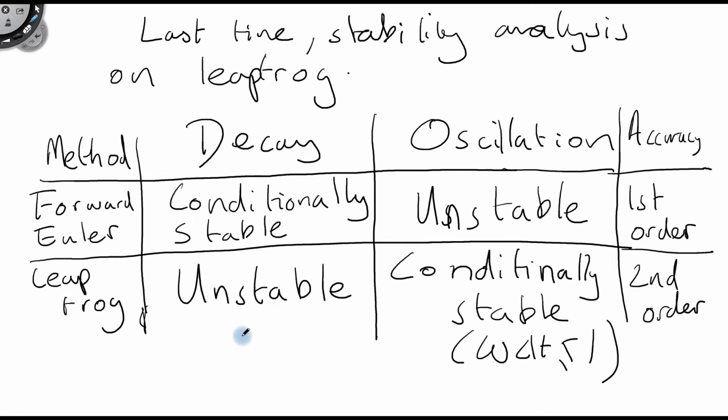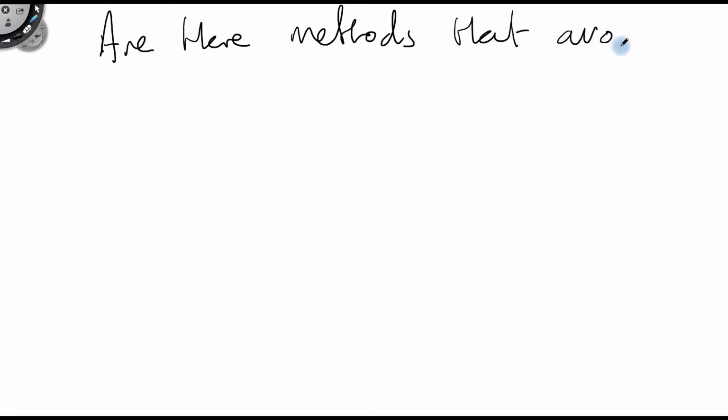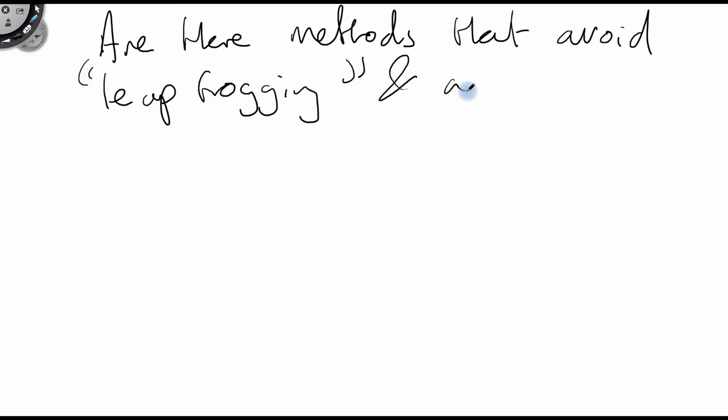So the question is, are there methods that avoid leapfrogging, and a quadratic in our amplification factor? The answer is yes, and that's where we're going to look in the next few videos: these other ways.